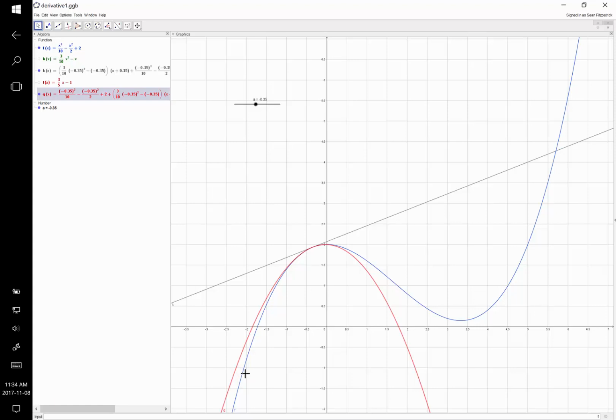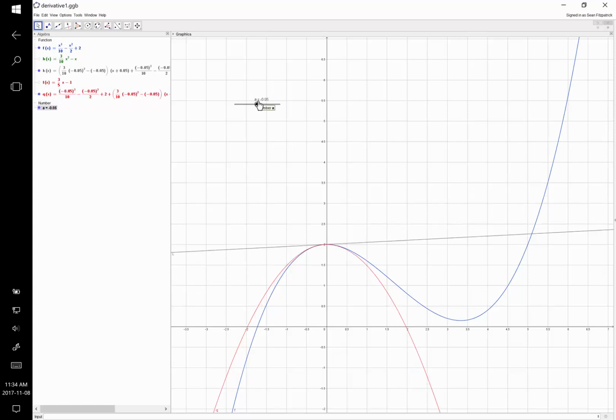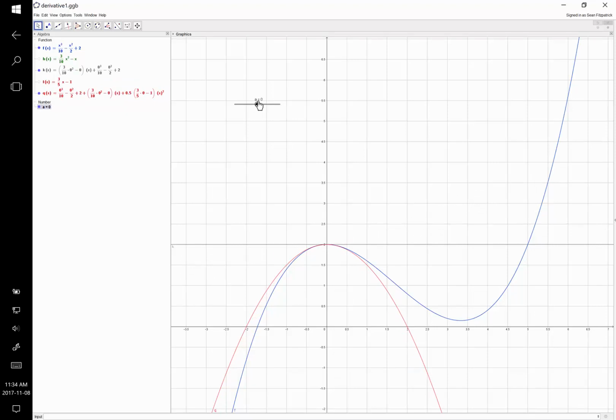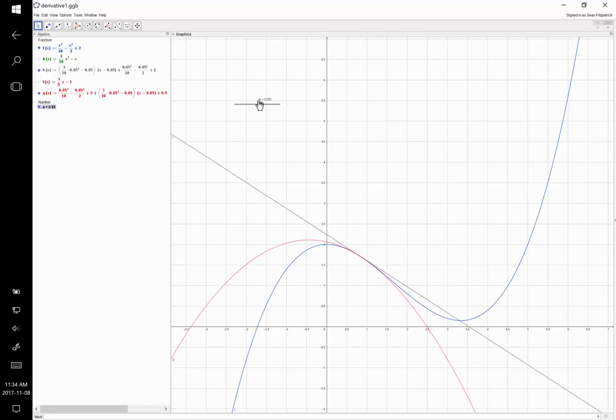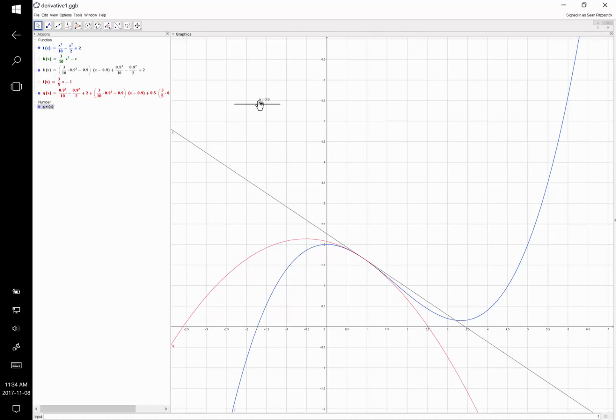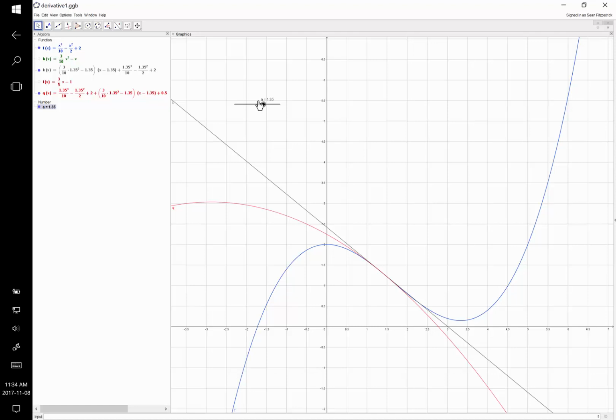And again, we can look at what happens if we start moving this point, right? If we move a over, we can see that we get a really good approximation near the minimum. And we can move along, and we can see that both functions seem to do pretty well. You can play with this, and you can see that near that inflection point, they're both doing pretty good again.